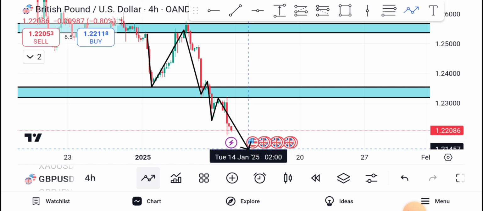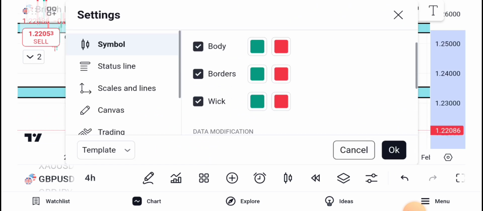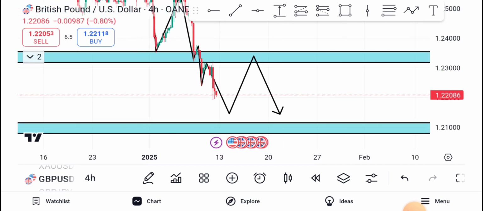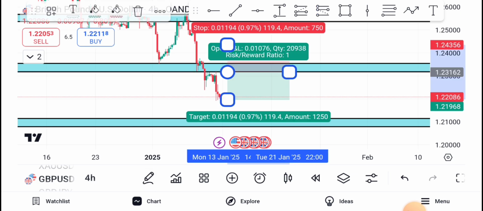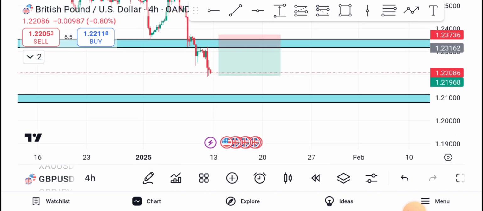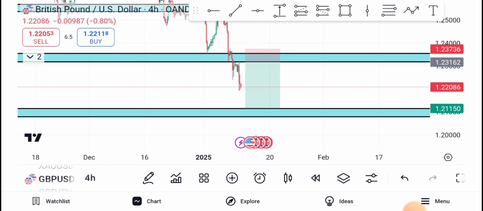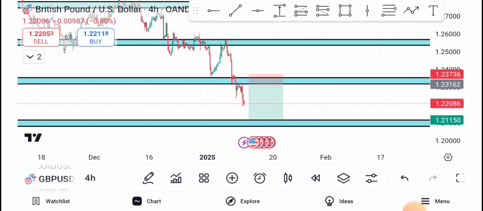So we're actually waiting for the higher time frame retest. Then we'll sell all the way towards this level. This is what I'll be waiting for, price to come to this region, then I'll take a shot. Very easy.